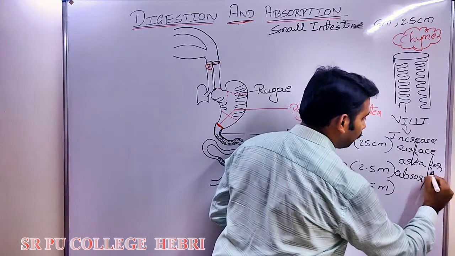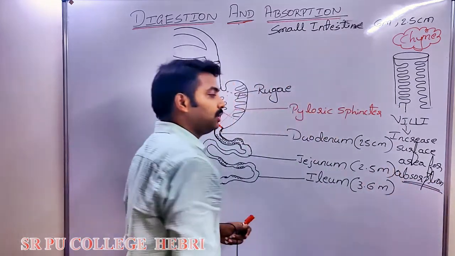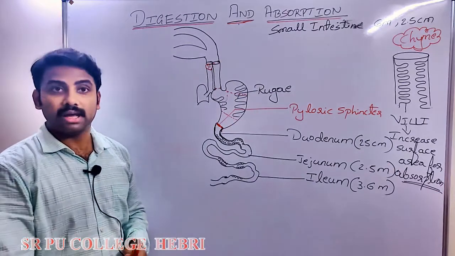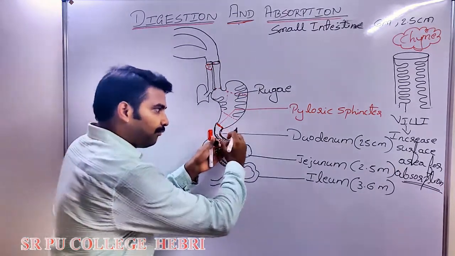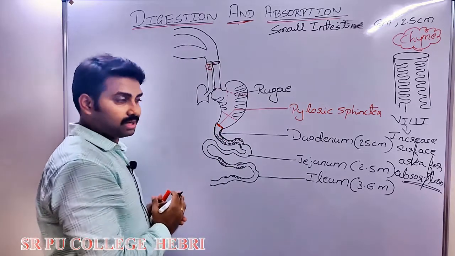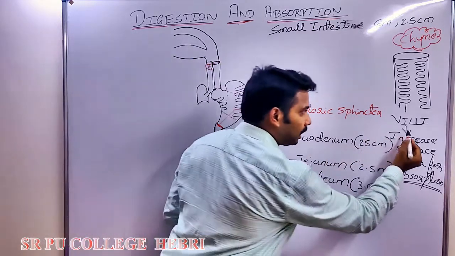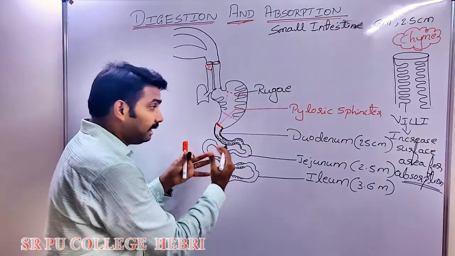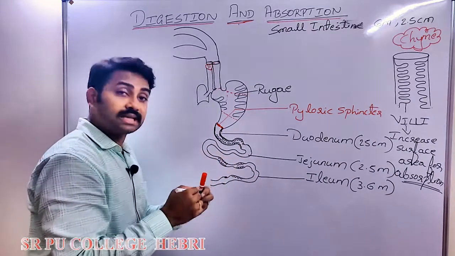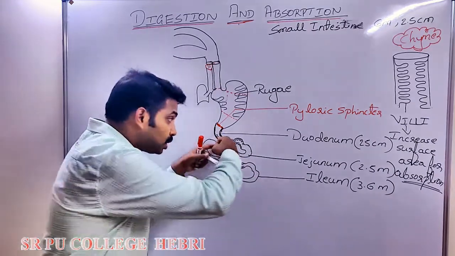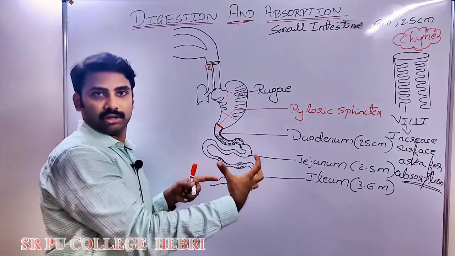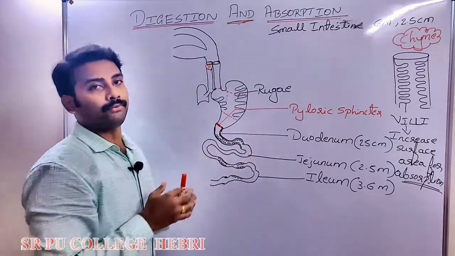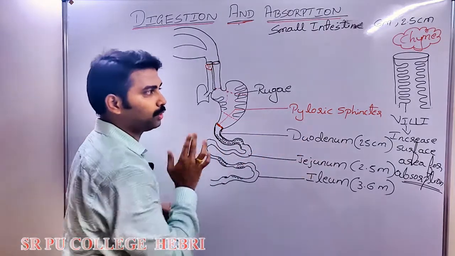What is the heading of the chapter? Digestion and absorption. After digestion, the food should be absorbed. Please try to understand that. 1 mark question. Villi increases the surface area for absorption of the end products of digestion. That is the role of which one?